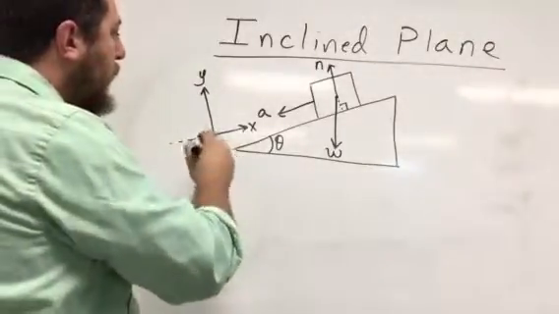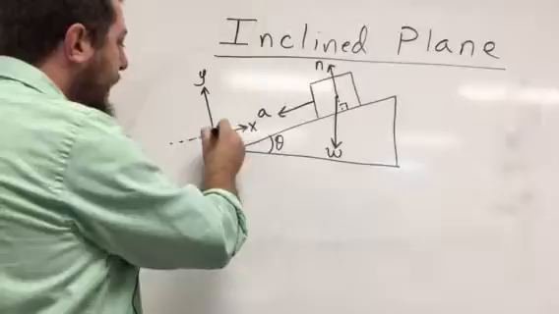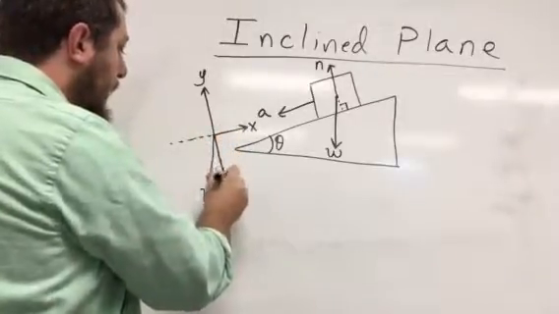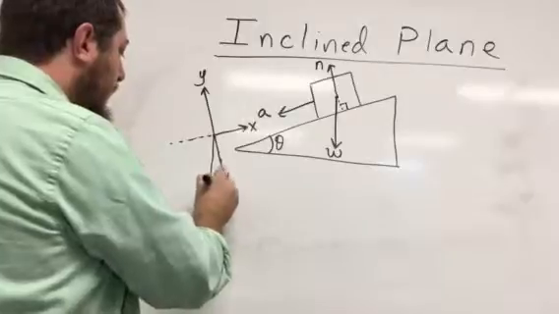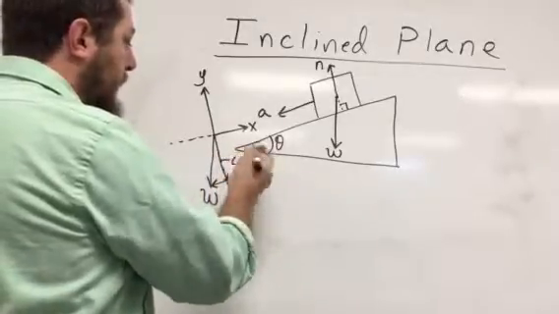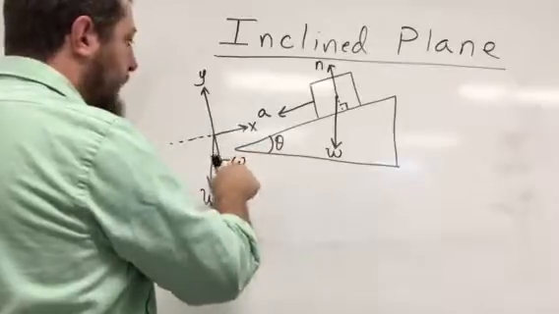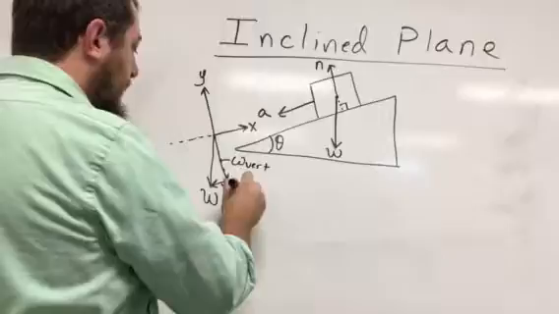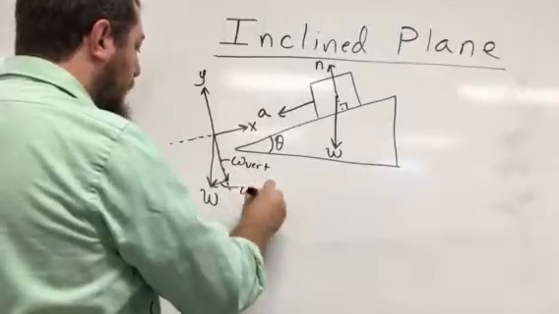And so my weight is going to have a vertical component here and a horizontal component here. So we're going to call this W vertical, and we can call this W horizontal.